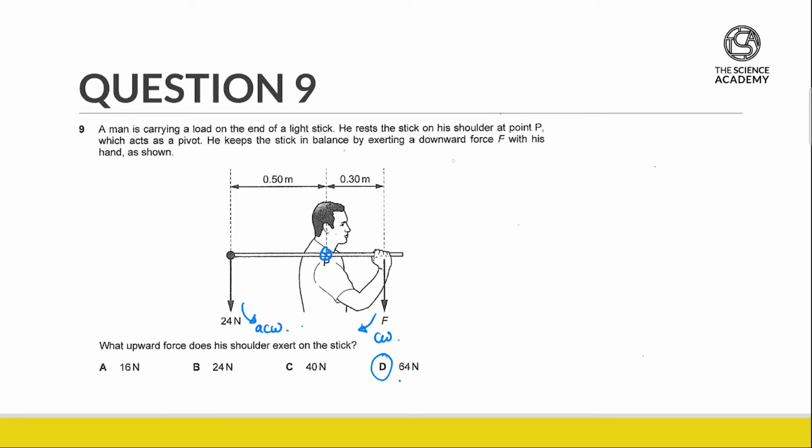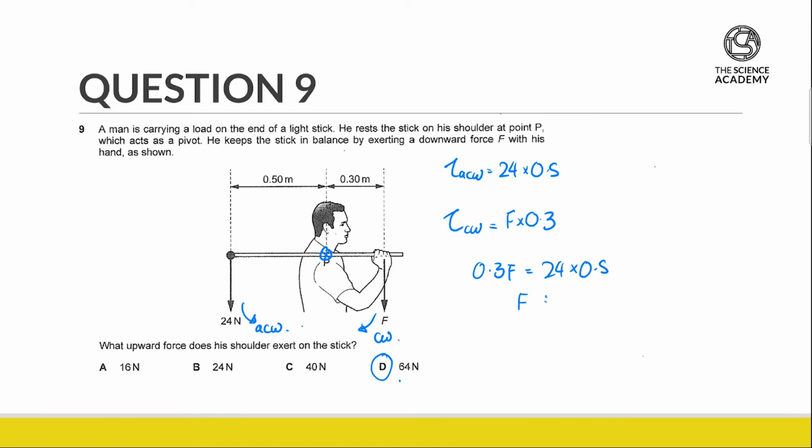The anti-clockwise moment caused by the 24 newtons is 24 times 0.5, and the clockwise moment caused by F is F times 0.3. If we equate them, we get 0.3F equals 24 times 0.5.